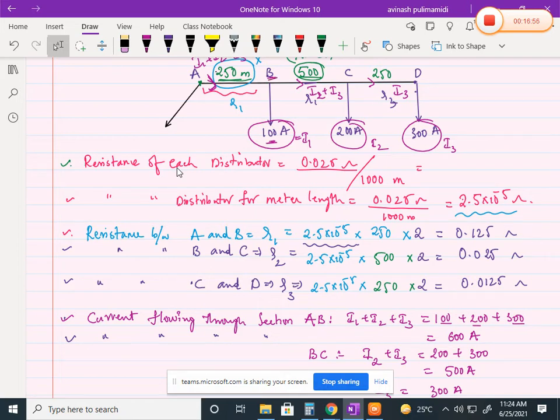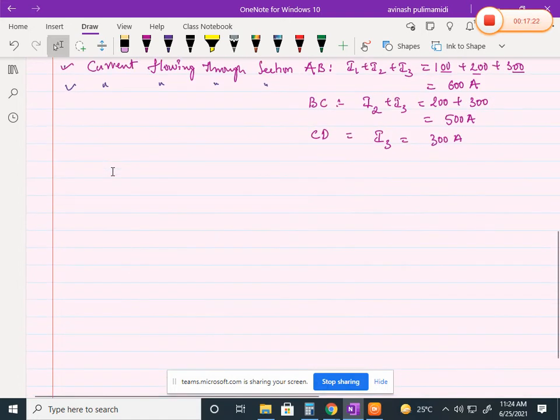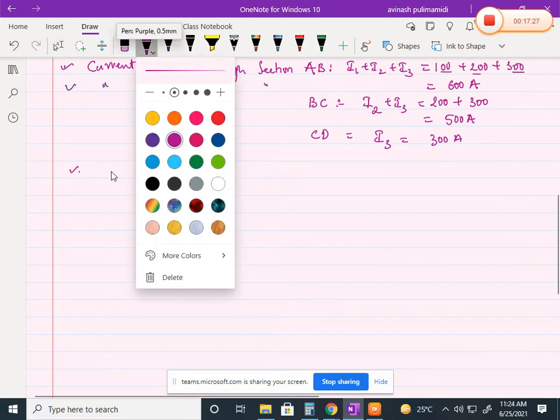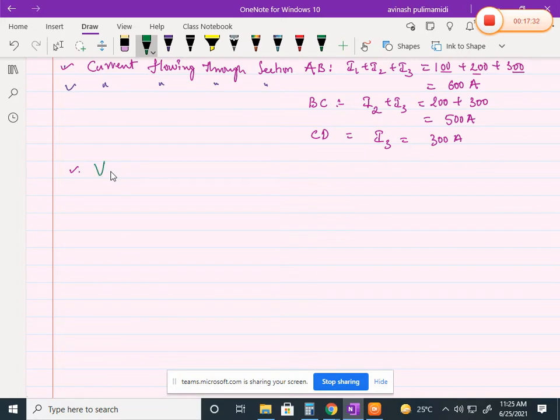Voltage at point B is nothing but voltage at A minus voltage drop across section AB.